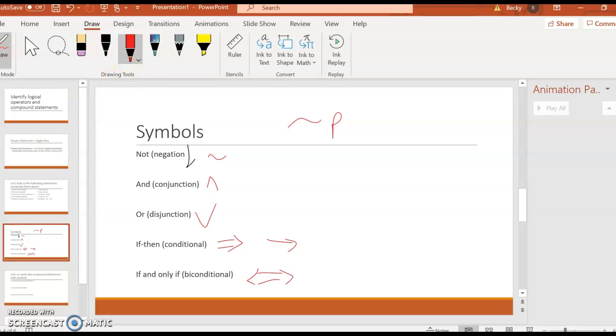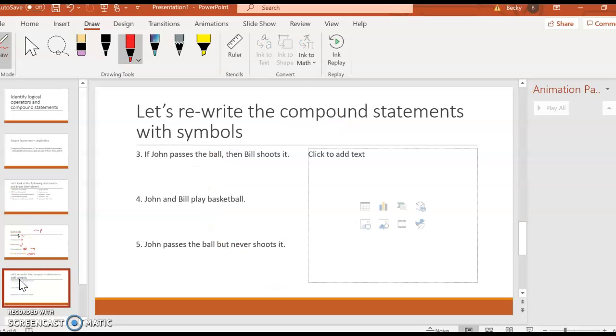All right, so now let's go back to our statements and let's rewrite these with symbols, okay? So if John passes the ball, then Bill shoots it. There's a few things that need to happen. First, we need to identify that this is an if-then statement. We have a conditional, so we're going to use this symbol.